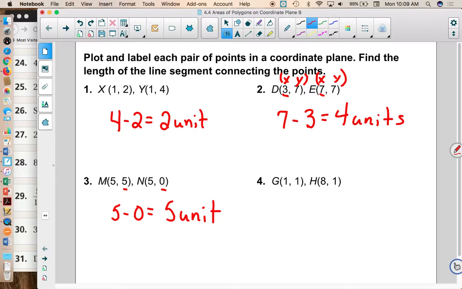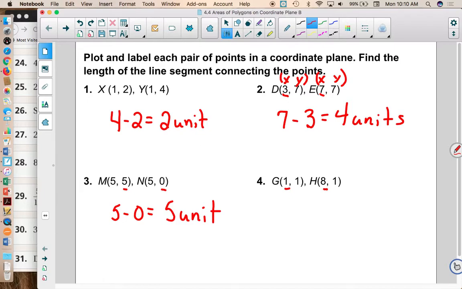Look at number 4. Which coordinate, Roper, is changing in number 4? Is it the y-coordinate or the x-coordinate? The x-coordinate. Okay? X is changing. So what's the length of this one? How am I going to set it up, Roper?